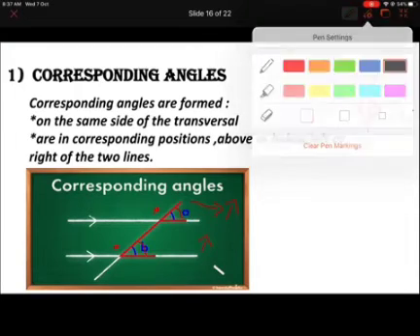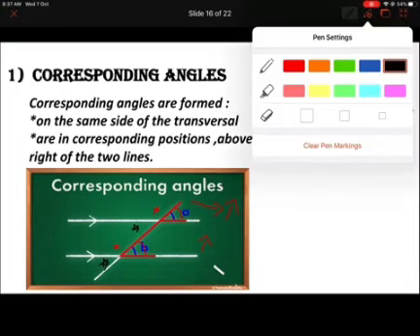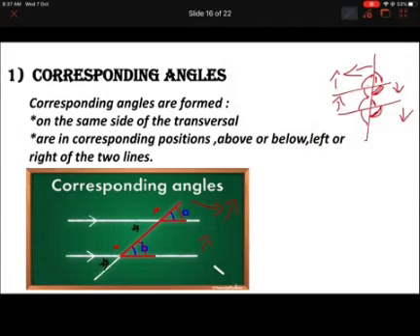The next one is this and this angle, and one more, let us show with 2 ticks. One is here and one is here. That is this and this angle. Okay children, I hope that is clear what corresponding angles are.